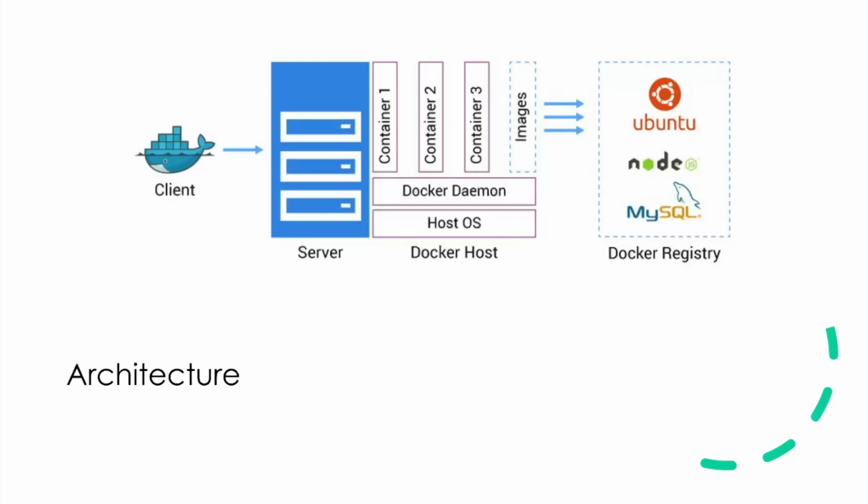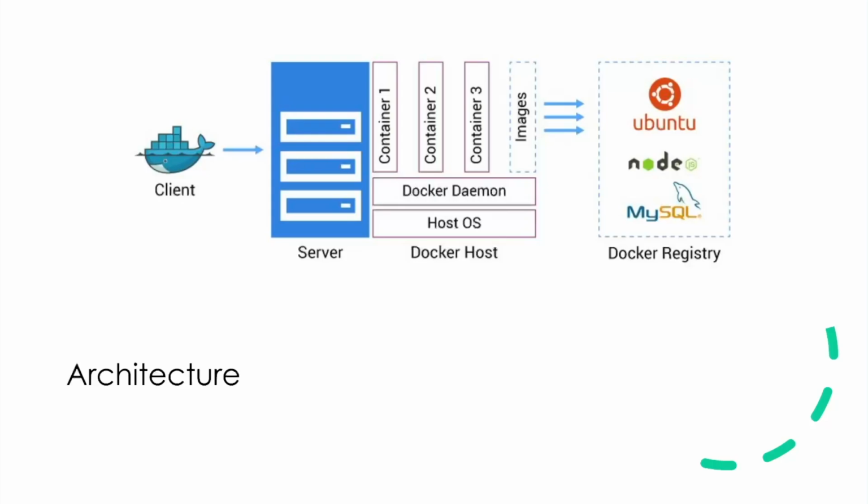It listens to the commands from the Docker client, it pulls the images and builds the containers, and it manages their life cycles, whether it's created, deleted, started or stopped. So the daemon ensures that all the containers and the resources are managed efficiently on this host.